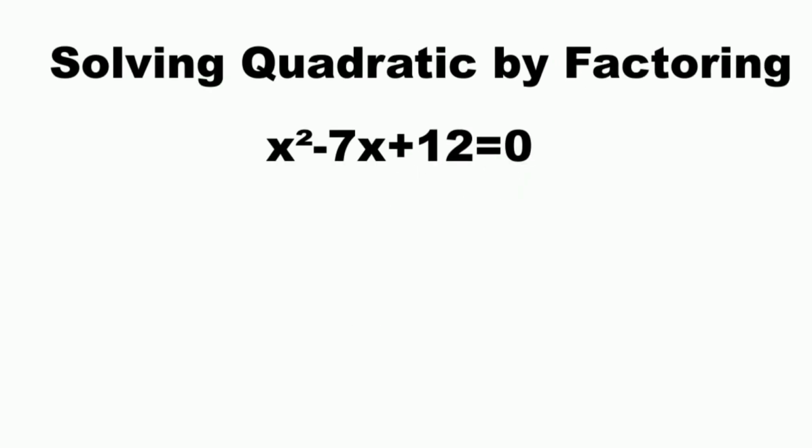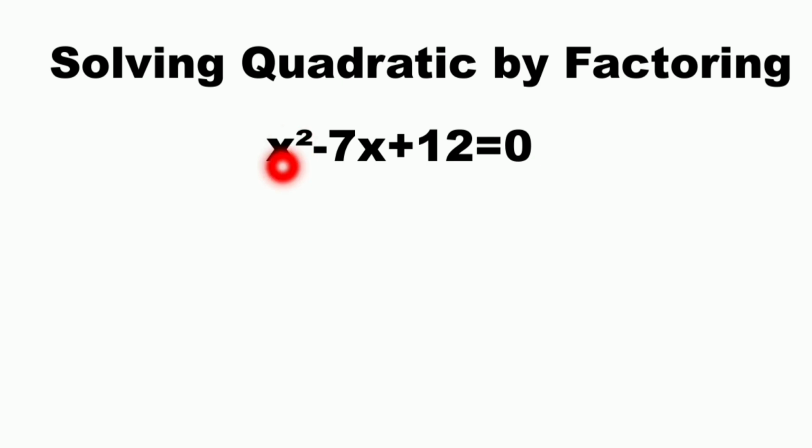So solving a quadratic equation by factoring, for example, we have x squared minus 7x plus 12 equals 0. We had topics on factoring in the previous videos, on how to factor trinomial squares, and this is one of them.